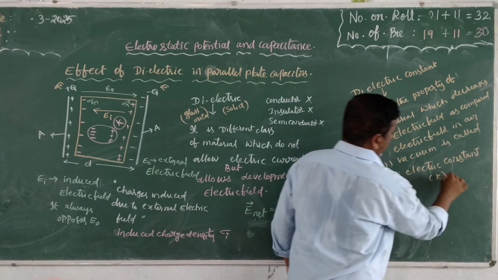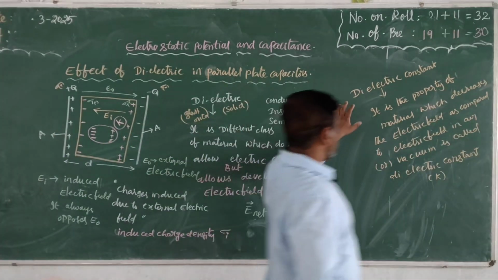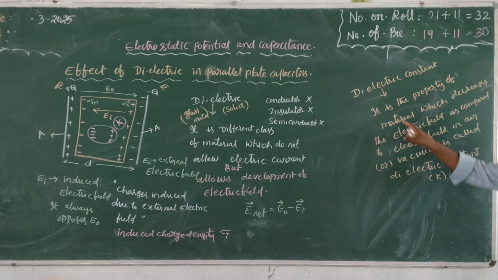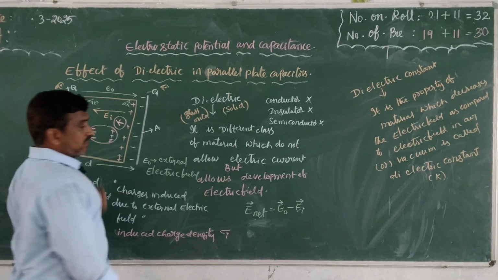It is K. Dielectric constant is the property of material which decreases the electric field as compared to electric field in air or vacuum, and it is called the dielectric constant. K means dielectric constant.